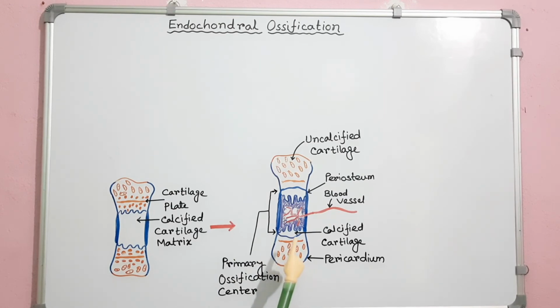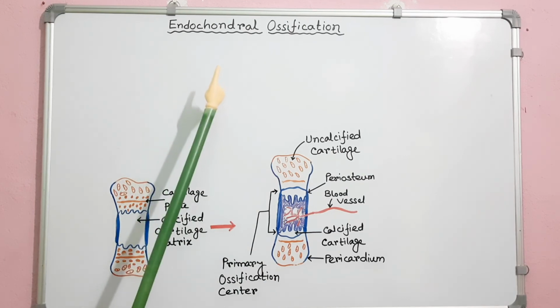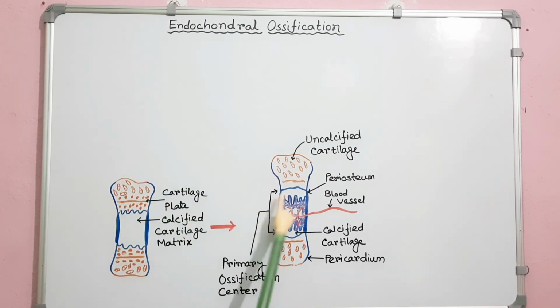These osteoblasts begin to lay down bone matrix or osteoid on the spicule framework. Thus, the bone formed in this manner may be described as endochondral bone. This first site where bone begins to form in the diaphysis of a long bone is called the primary ossification center.